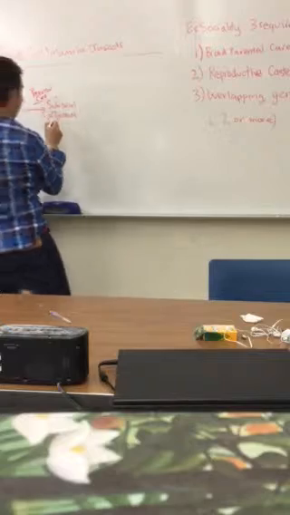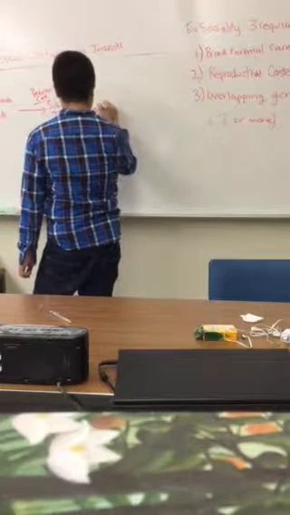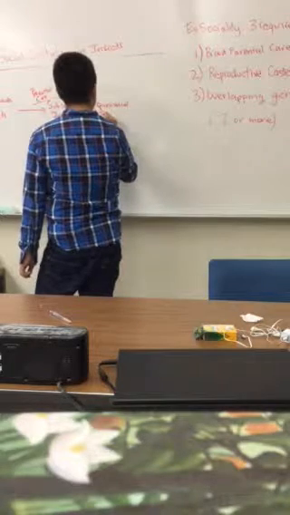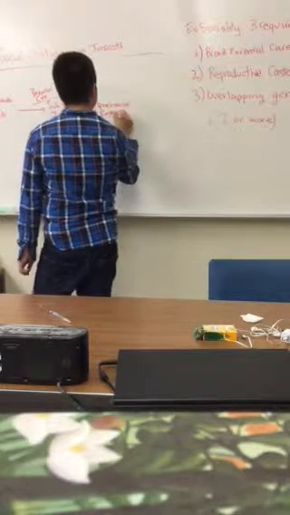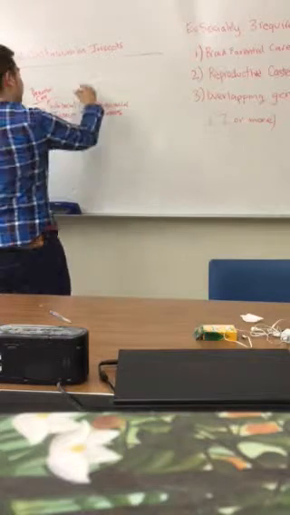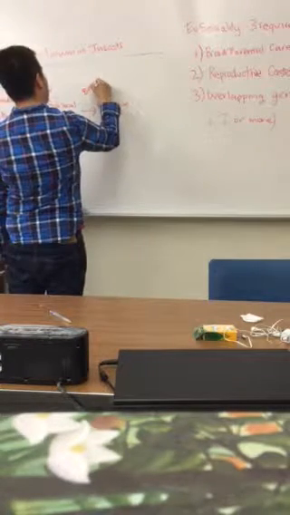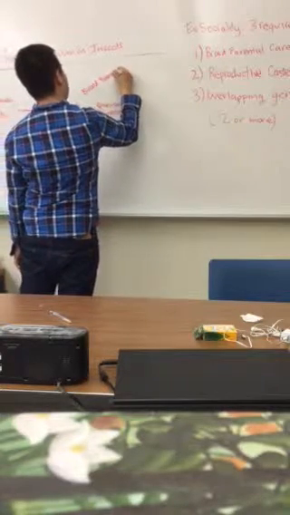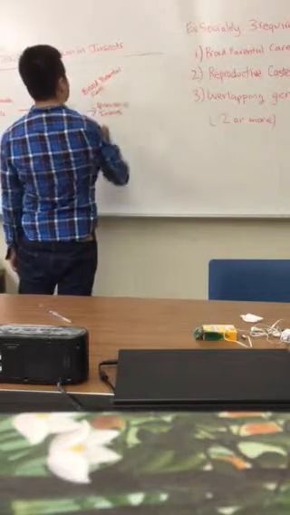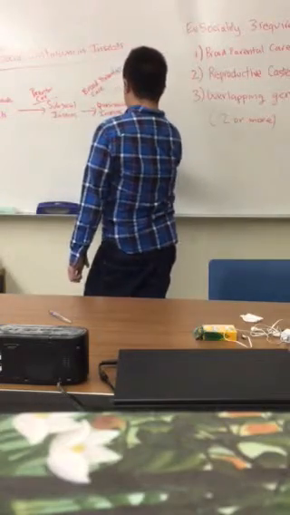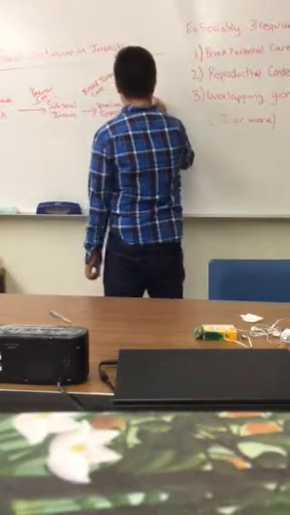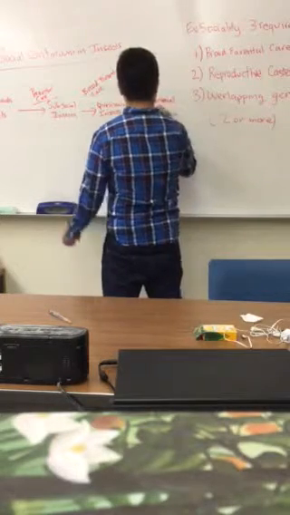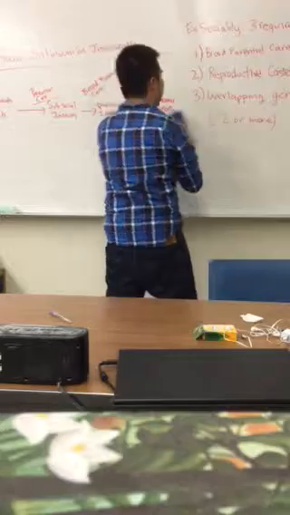Now, to jump from sub-social insects to quasi-social insects, what you need is brood parental care, or the sharing of parental care among adults of the insects. And from quasi-social insects, you go to semi-social insects. Let me erase this right here.